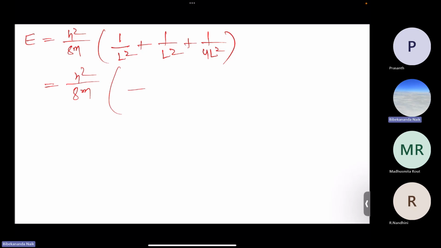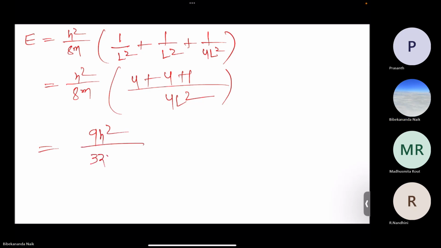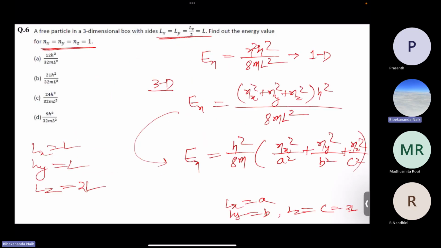If you take the summation, it will be 4L square, and it will be 4 plus 4 plus 1. So 4 plus 4 plus 1 is 9. It will be 9 h square divided by 8 into 4, 32 ml square. So this is the value of energy for the given question.